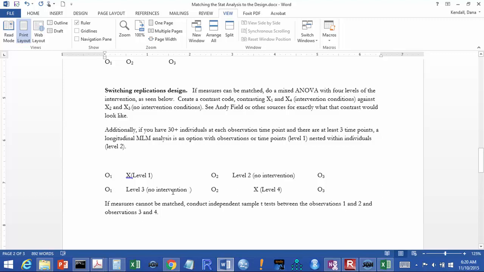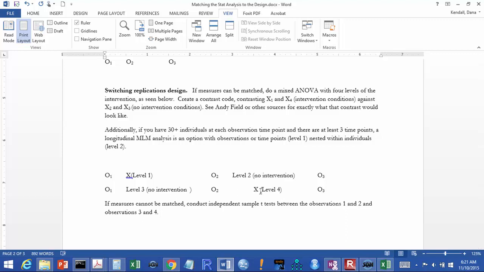So between time 1 and time 2, there's no intervention, and then we give it to that group of people later between time 2 and 3. And then we have 2 points of comparison. Between time 1 and 2, we'll compare groups, and then we expect them to flip from this interval, time 2 to time 3.